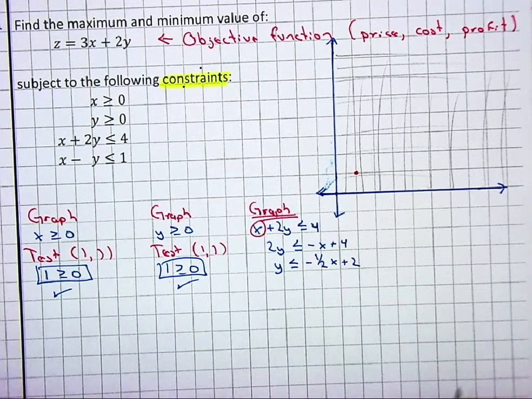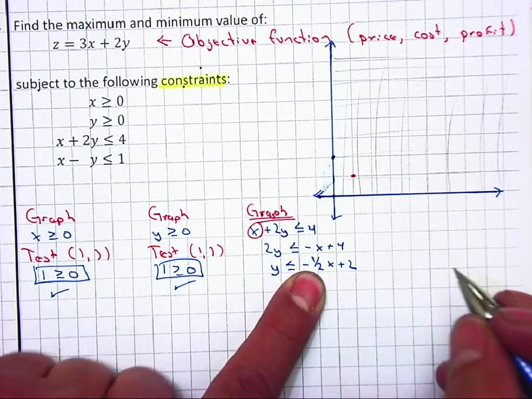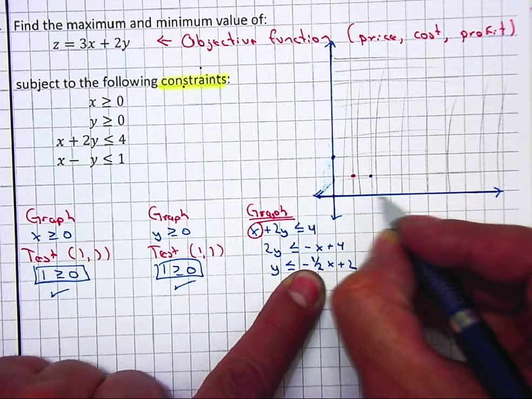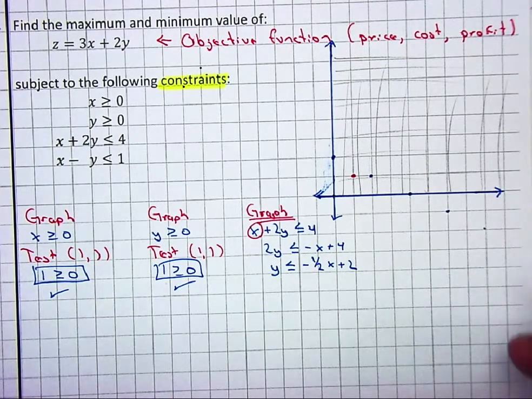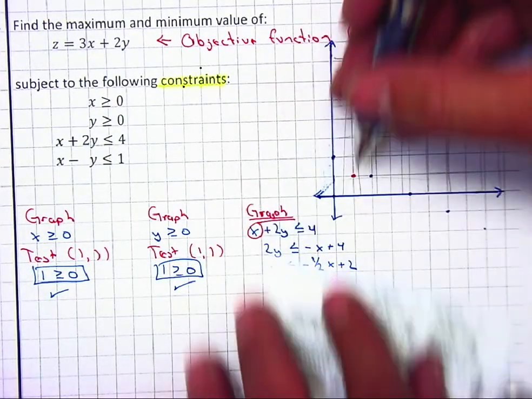And now I can graph it. The y-intercept is 2. My slope is negative 1/2, so I'm going to go down 1 and to the right 2, down 1 to the right 2, down 1 to the right 2. So therefore my graph will also be solid.